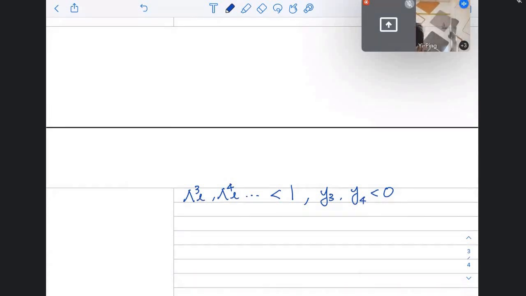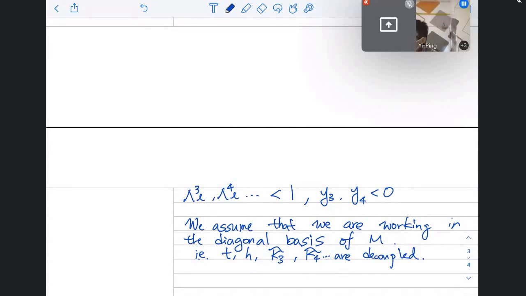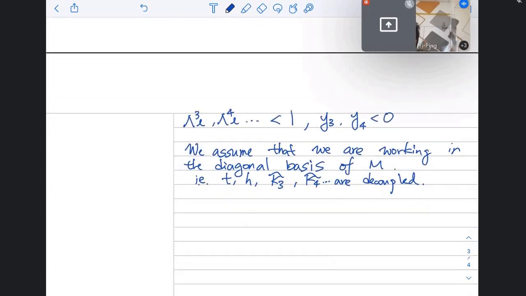Here we are assuming that the couplings T, H, K3 tilde and K4 tilde are all decoupled, that is, we are already working in the basis of M. This assumption is not really harmful because eventually we are going to diagonalize the matrix M and analyze how the scaling couplings transform after the RG transformation.